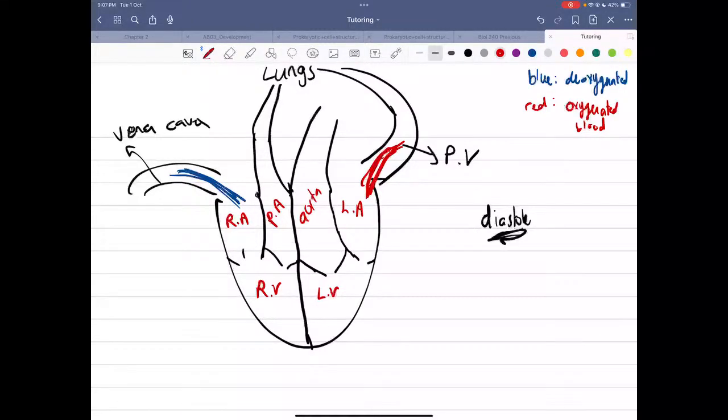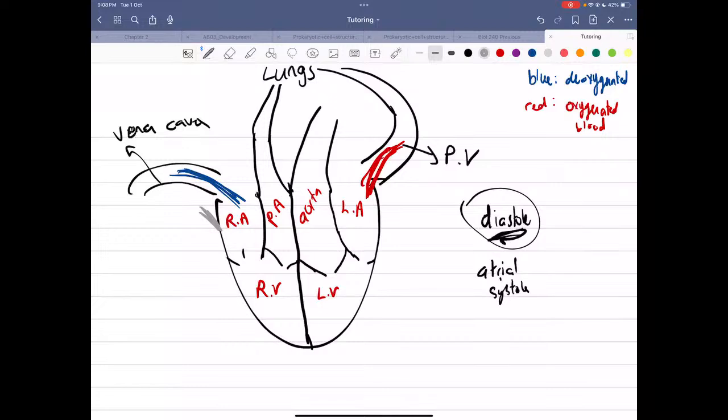Now we're still in diastole, so no contraction happened till now. Then what's going to happen? The next phase is going to be atrial systole, sorry. So atrial systole. What do we say about systole? Systole is the contraction. Atrial systole, so contraction of the atria. So again, I'm going to show it in gray.